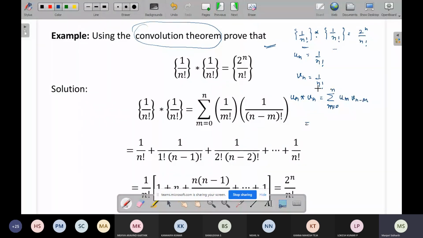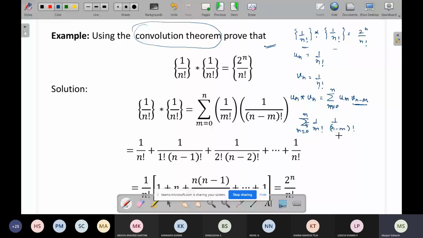So um means 1 by m factorial, I'll write the summation here, and in v n minus m, n will be replaced by n minus m, right?